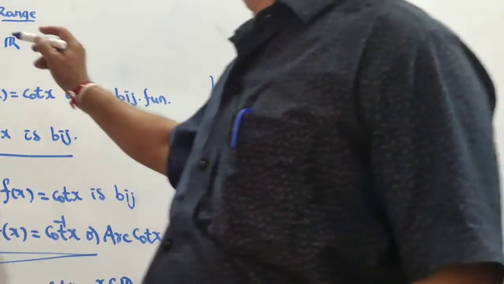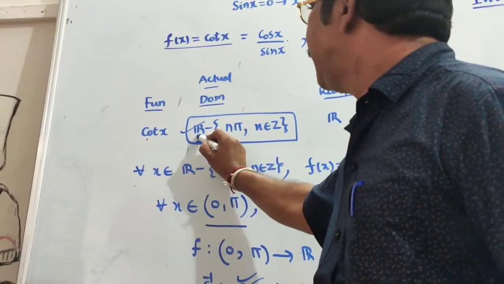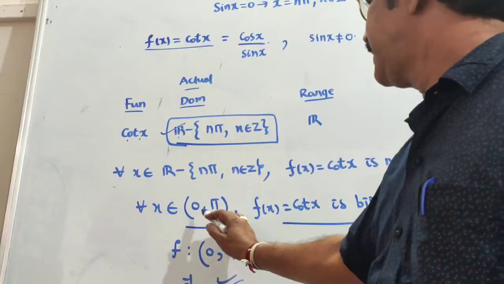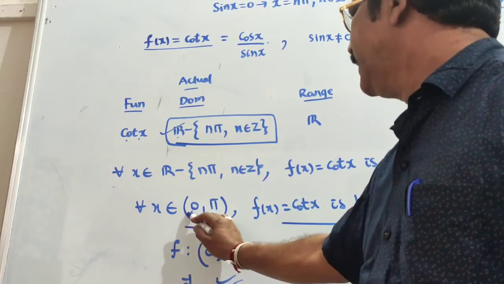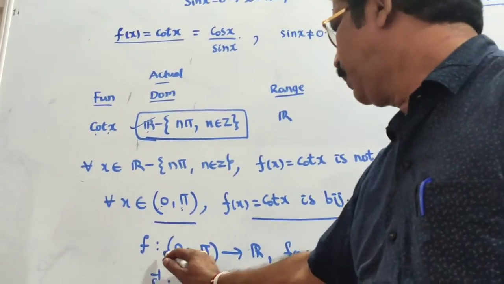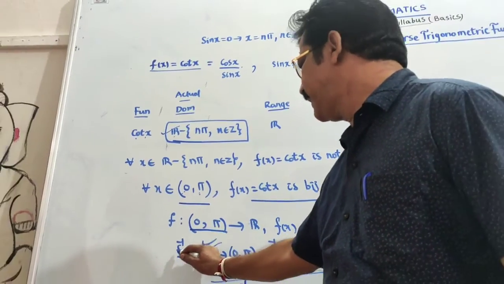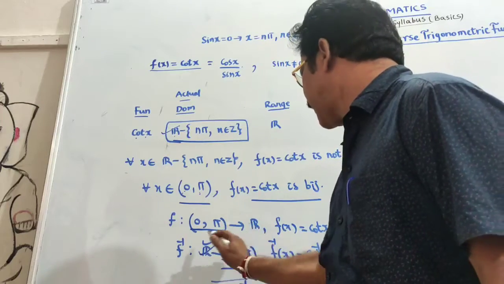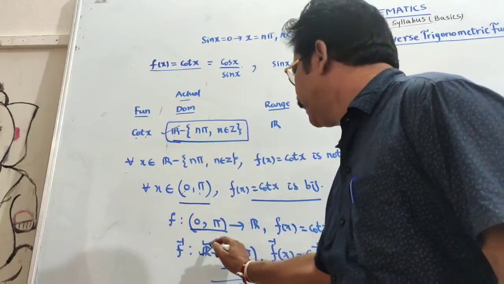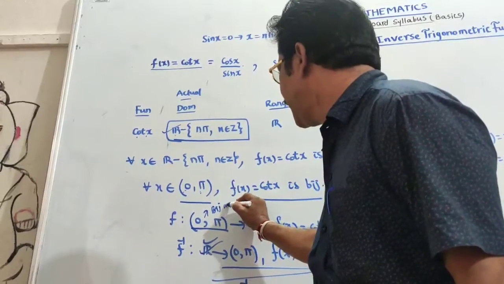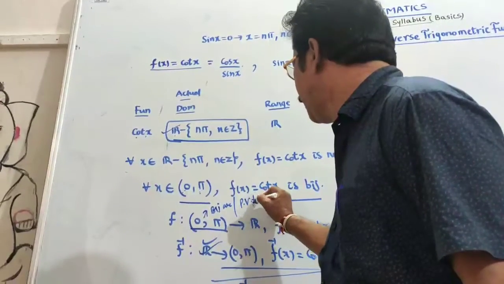Once again, in the actual area, cot x is not bijective. So the restricted area is 0 to pi. In this area only cot x is bijective. So in this area it has its inverse, f inverse from R to 0 to pi. Means it is the bijective area or principal value branch.